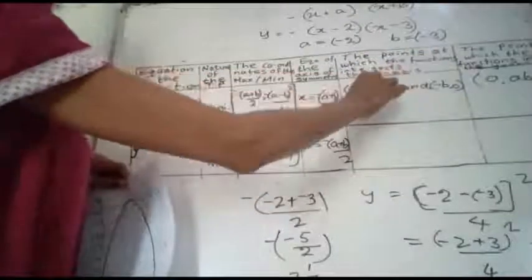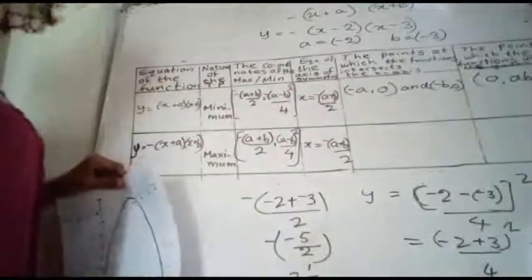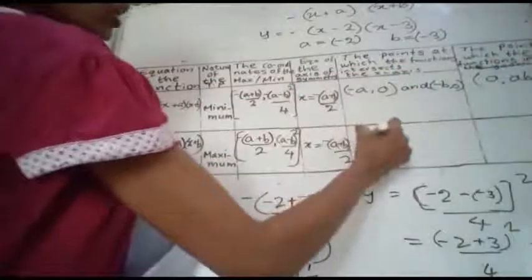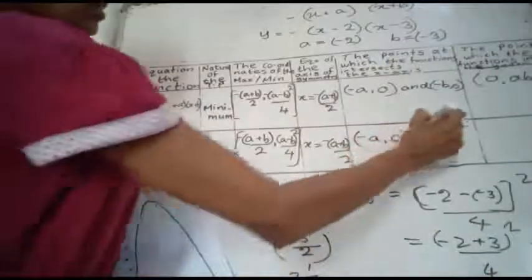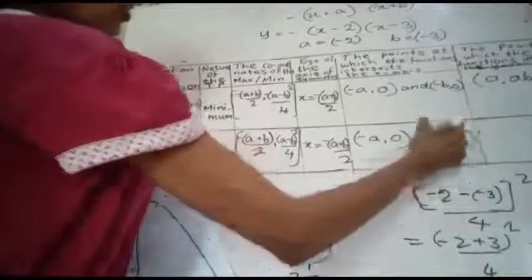Then the points at which the function intersects the x-axis are (negative a, 0) and (negative b, 0).